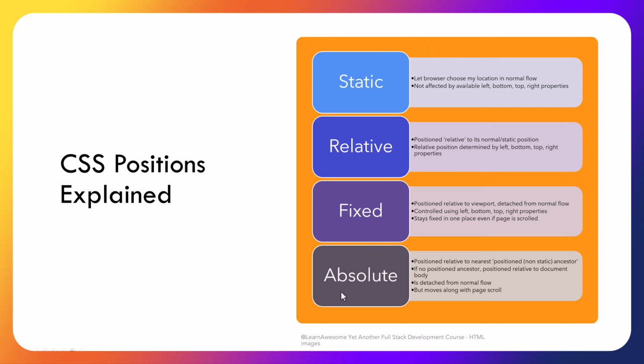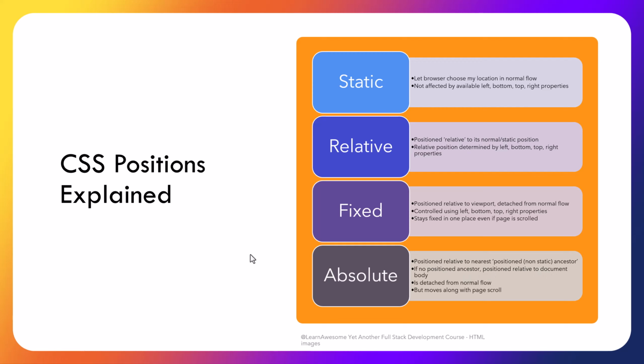So if I have, let's say, a left property of 100 pixels and a top property of, let's say, 70%, the top is going to shift it down 70% within this container, and left is going to push it to the right. If there is no positioned ancestor, then it is positioned relative to the document body.